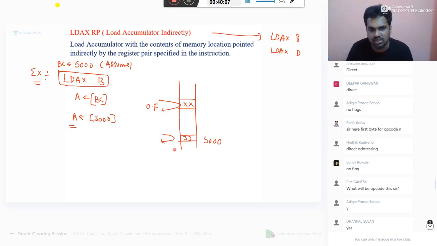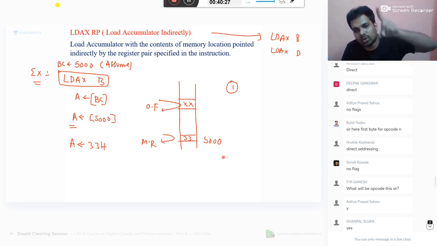The accumulator. First the data bus will give it to the accumulator, so it is reading the memory. That is, A will be copied with 33. So here, how many bytes is the instruction? Everybody might have the confusion: sir, is it 2 bytes? No, this is not part of your instruction. It is external to the instruction, so it should not be counted. Only 1 byte.